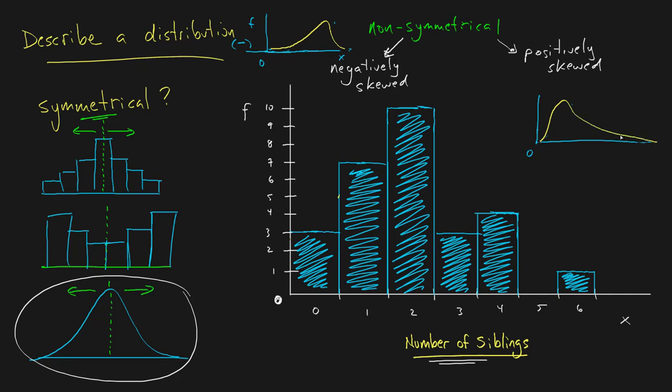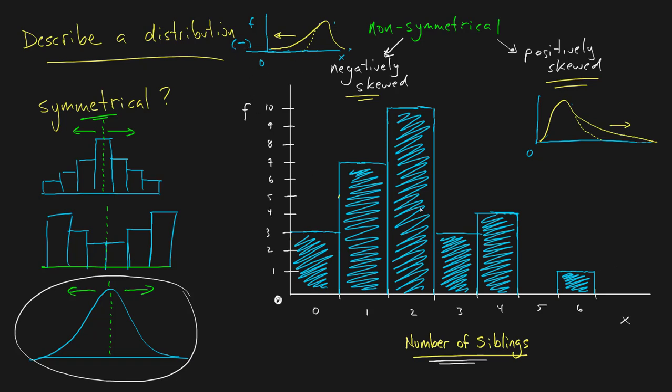Okay, so I think that's a bit better. It looks like it could have been symmetrical if it had come down here, except we've got this extra long tail going towards the positive numbers, so that's a positive skew. Over here with the negatively skewed distribution, it would have been symmetrical if it had dropped down quickly, but it didn't. Instead, you've got this tail pulling towards where the negative values on a graph go.